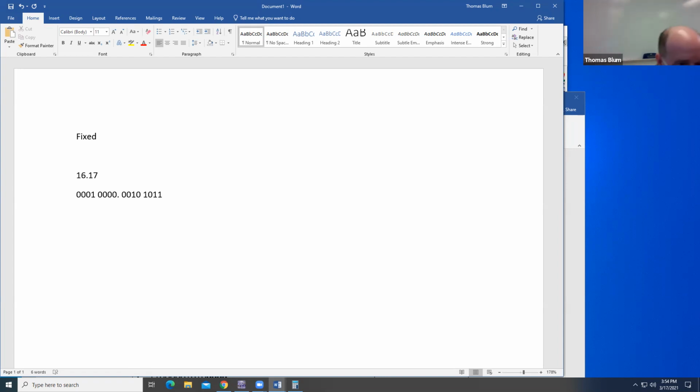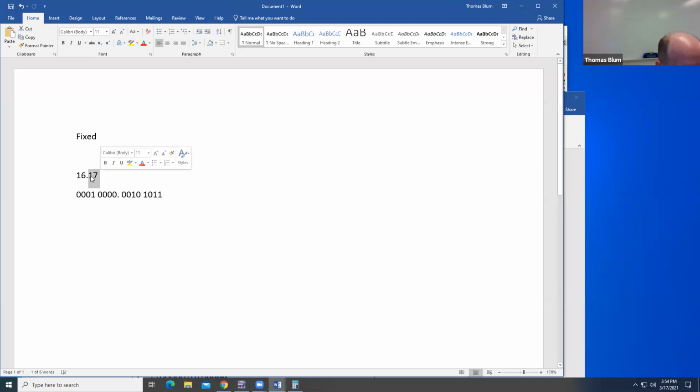Now, the bits you use for the whole number tell you how big the numbers can get, whereas the number of bits you use for the fraction tell you what your precision is. How small of changes in numbers can you deal with? Okay, because you're never going to get exactly 0.17.